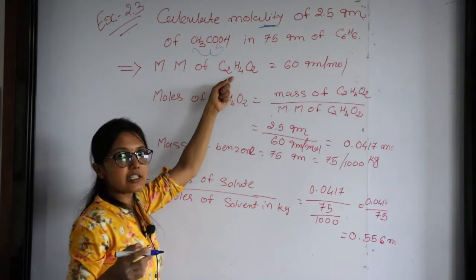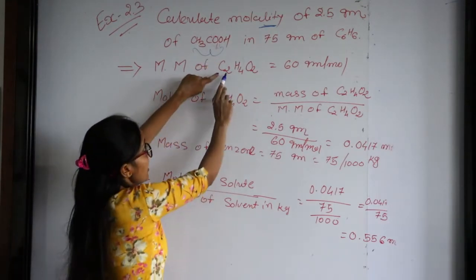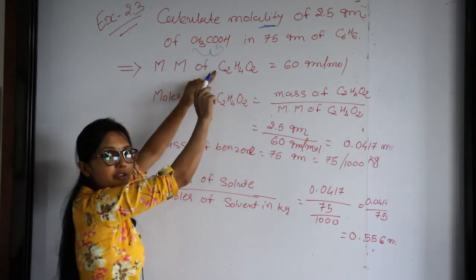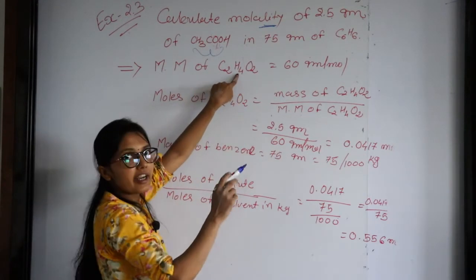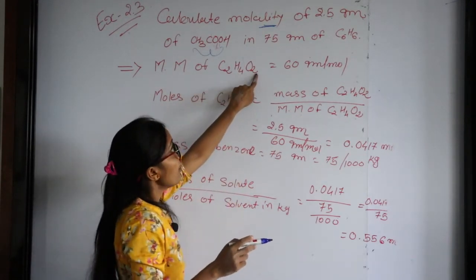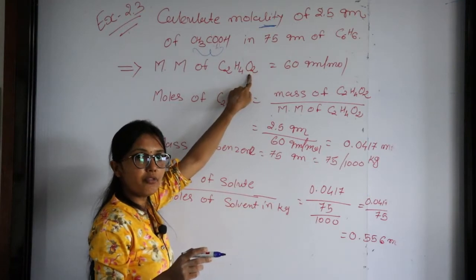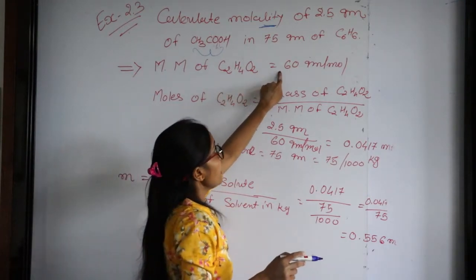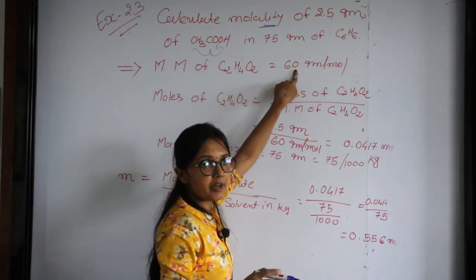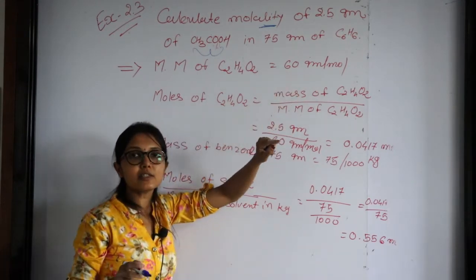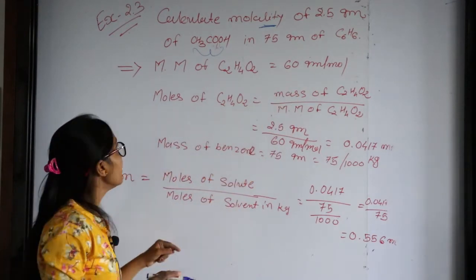To calculate the molar mass: 2 times the atomic mass of carbon plus 4 times the atomic mass of hydrogen plus 2 times the atomic mass of oxygen gives 60 gram per mole. The molar mass unit is gram per mole.